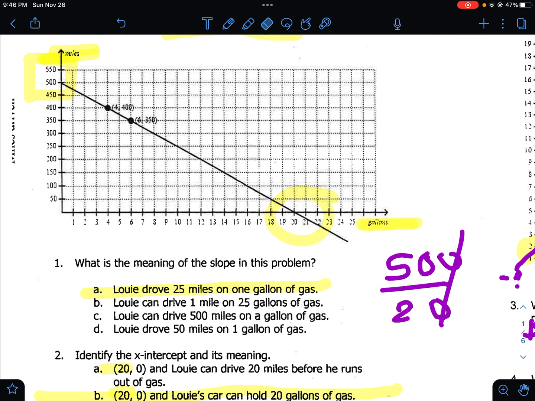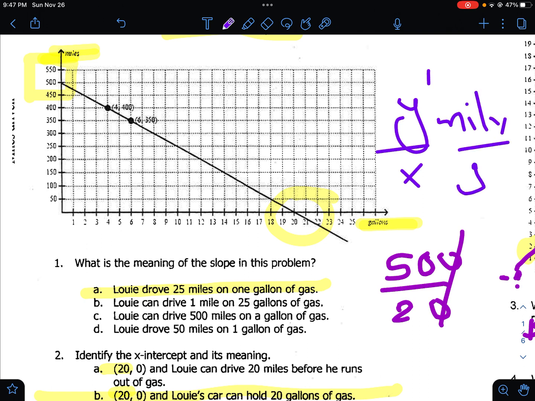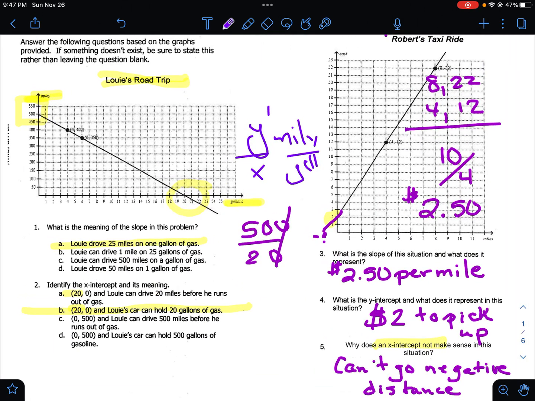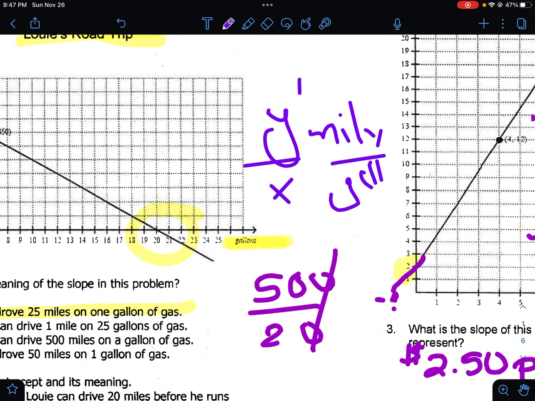If you're not sure, let's just remember it's rise over run, which means the Y's go on top and the X's go on the bottom. So if that's the label, it's miles per gallon. Wow, that's really messy. But it is miles per gallon.